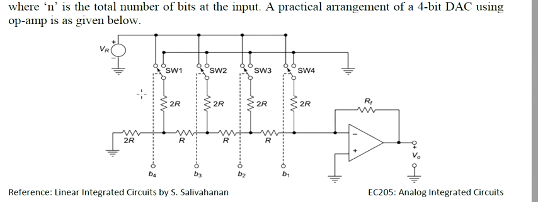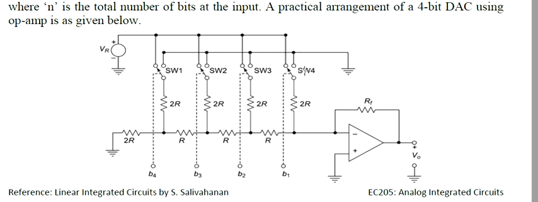This is the practical arrangement of the 4-bit DAC. This is for the MSB bit. First 2R is the MSB, and at the last is the LSB, and this is a switching arrangement.